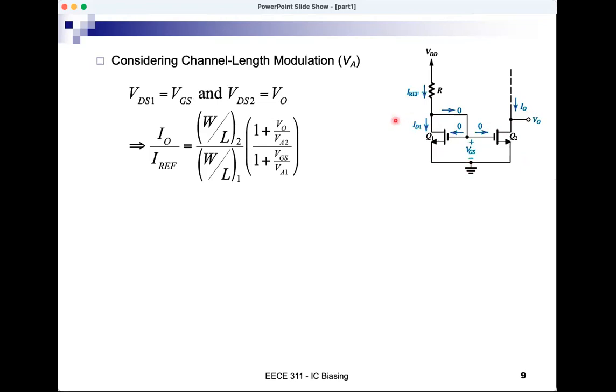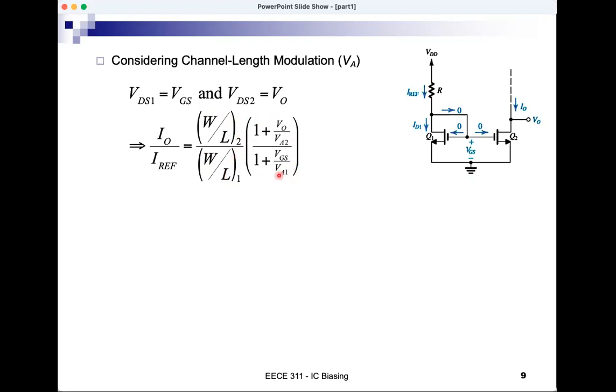So if I rederive the expressions, the expression for ID2 will be multiplied by 1 plus VDS2 over VA2, and ID2 is IO. And the expression of ID1 will be multiplied by 1 plus VDS1 over VA1, and VDS1 is VGS, and ID1 is IREF. So now IO over IREF is no longer this fixed ratio of dimensions.